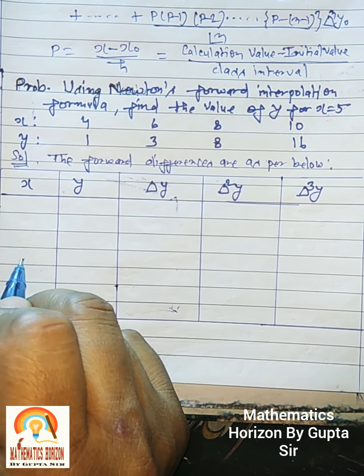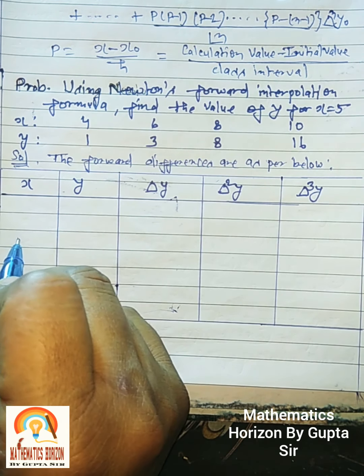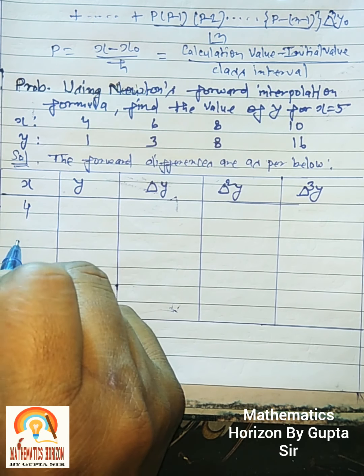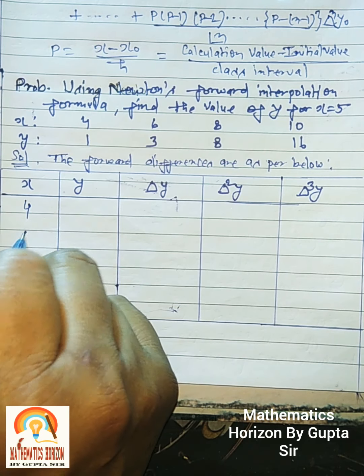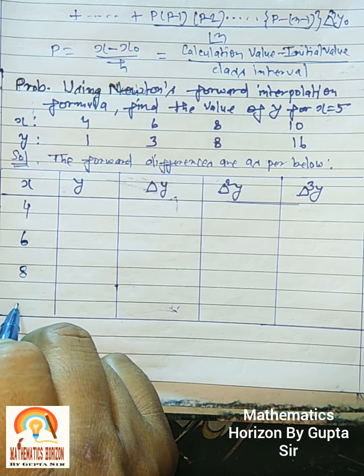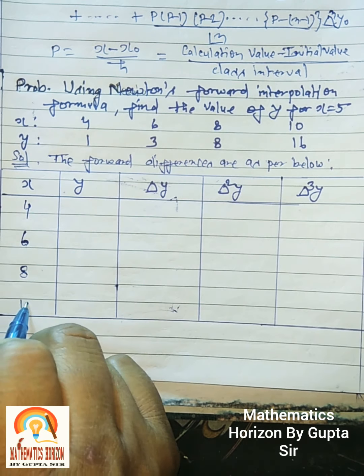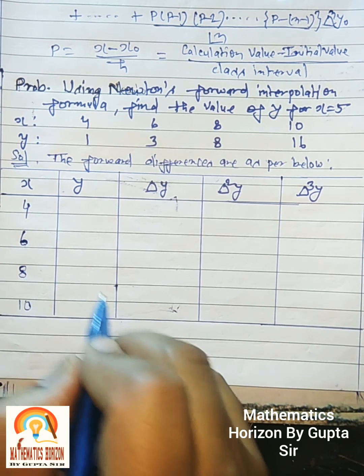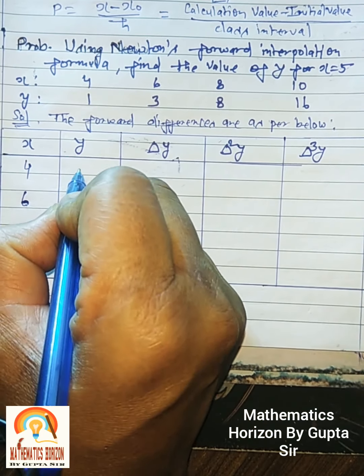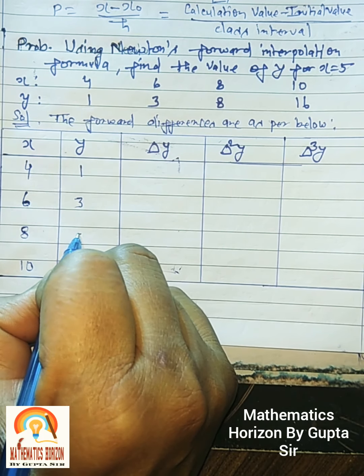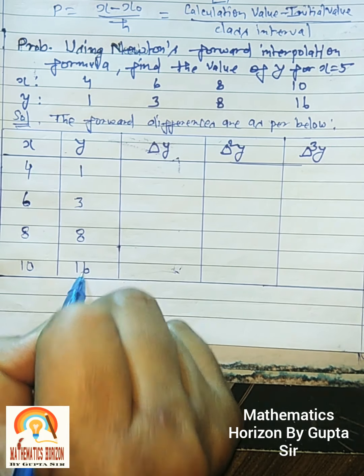The given data is x: 4, 6, 8 and 10, and corresponding values of y are 1, 3, 8 and 16.